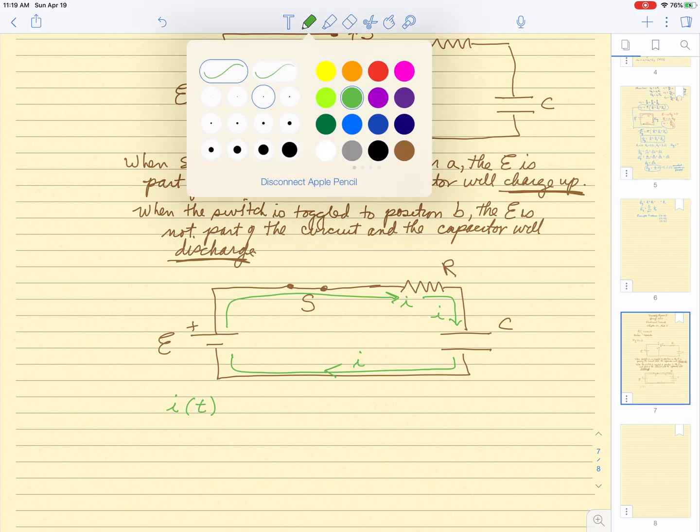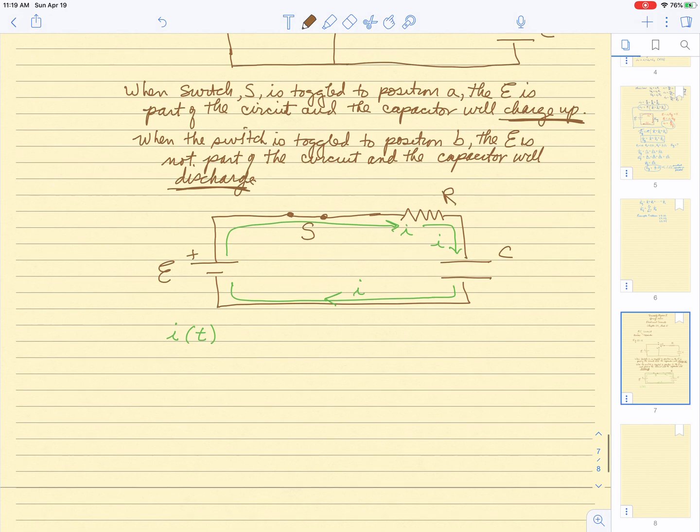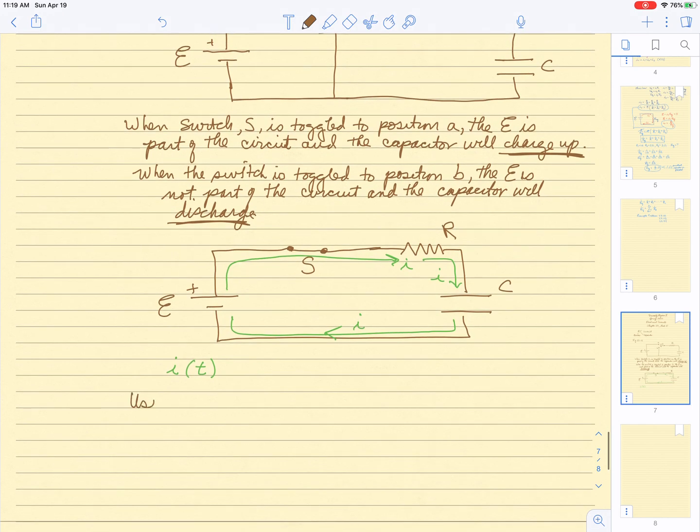Okay, but let's formalize this. So we'll use Kirchhoff's voltage law. And so going around that circuit, starting at the low potential side of the EMF, charges will experience a voltage gain. As the current goes through the resistor, there's going to be a voltage drop across the resistor. And there's going to be a voltage drop across the capacitor.